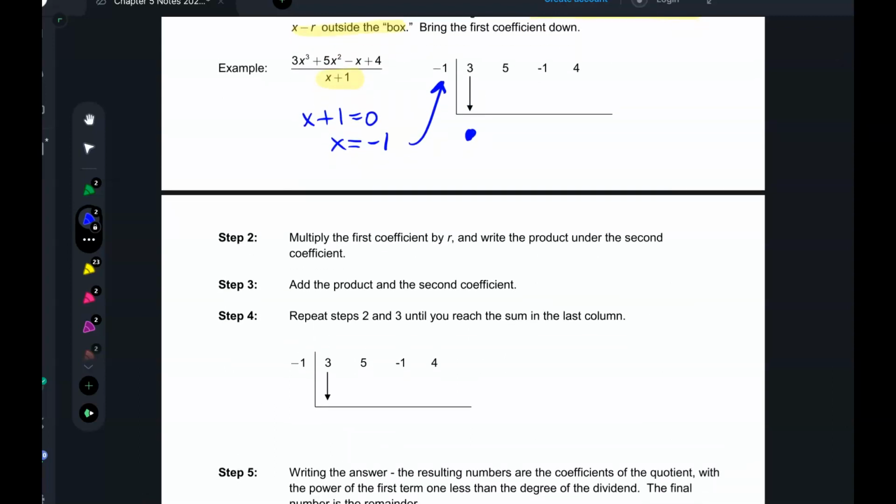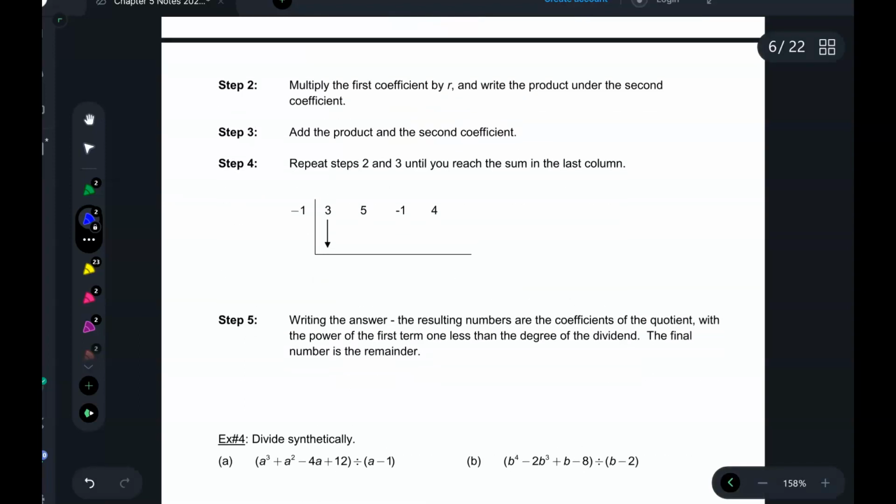Actually, it kind of ends here. So the first step was just setting it up, and you're always just going to bring the first coefficient down. So that 3 just goes down there. Now we're going to multiply. You're going to multiply 3 times negative 1, and we're going to put negative 3 right here.